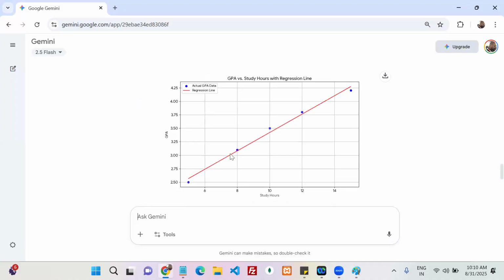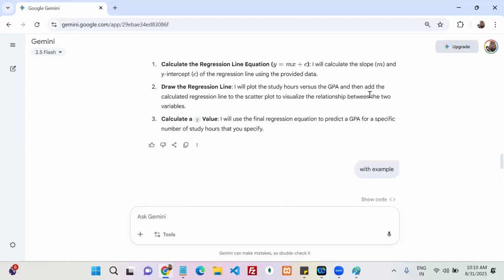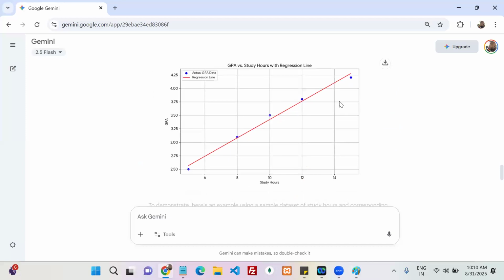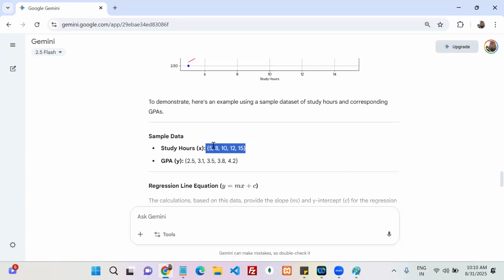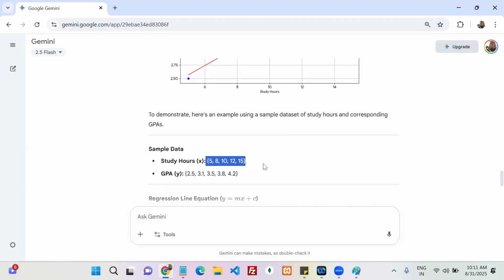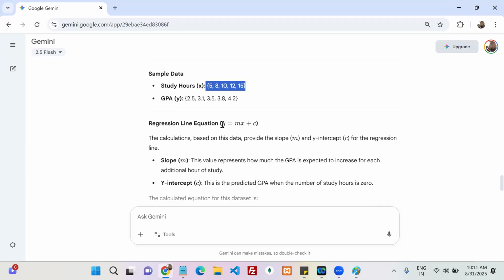Once you have this GPA and everything, they draw one line. So here my study hours are like 5, 8, and my GPA is like 2.5, 3.5, something like this. The regression line is mx plus c, the formula.